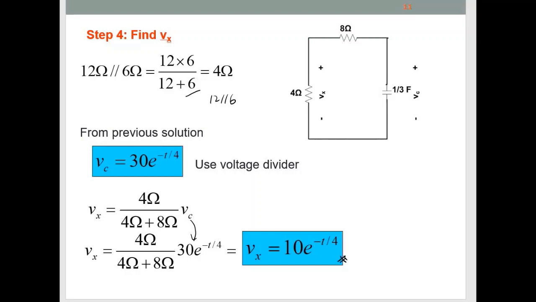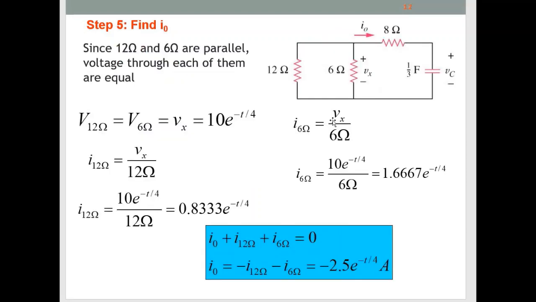for the Vx. Finally, we will focus on how to find I0. If you can see from here, this is the polarity of Vx and this is the polarity for Vc. I0 is referring to this one, and this is I6 and this is I12.